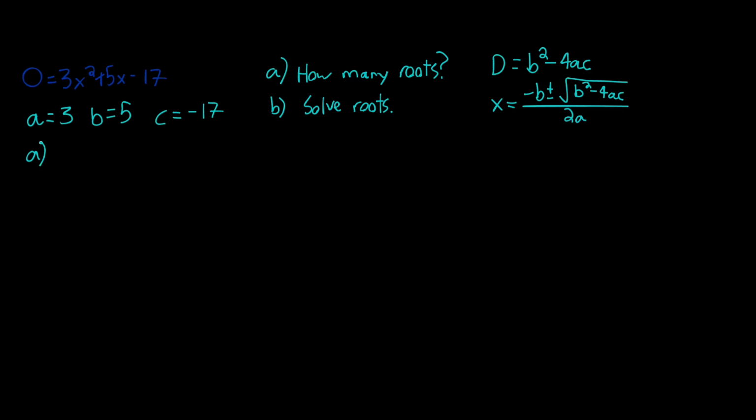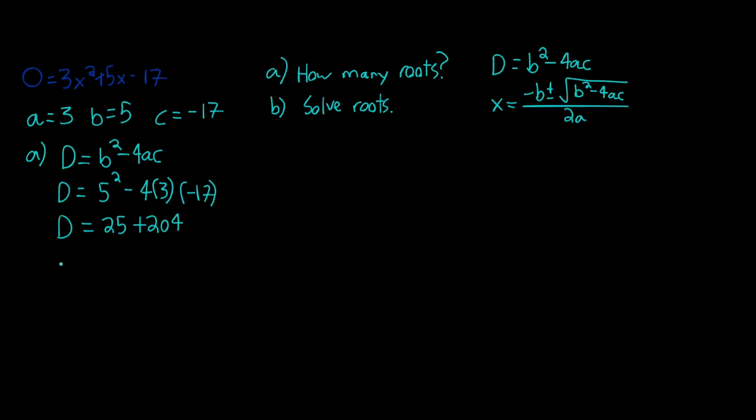So d equals b squared minus 4ac, which gives me 5 squared minus 4 times 3 times negative 17. Well, 5 squared is 25, and because we are subtracting a negative, once this is all multiplied, we're adding 204, which gives me d is equal to 229.